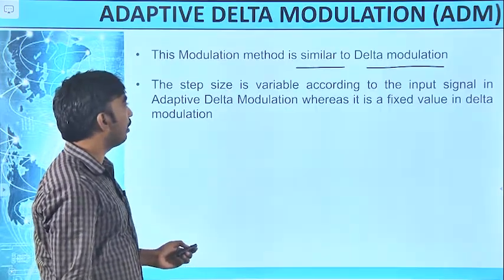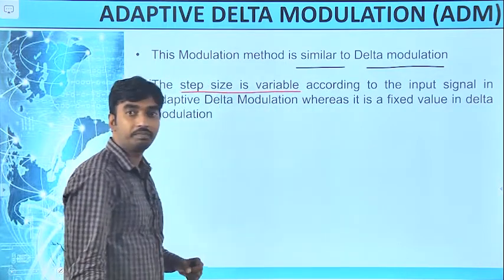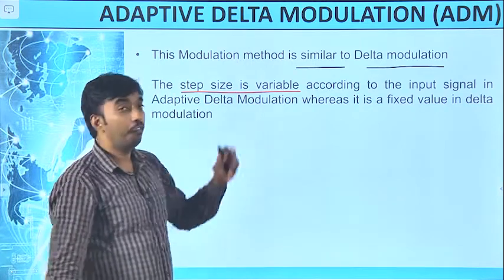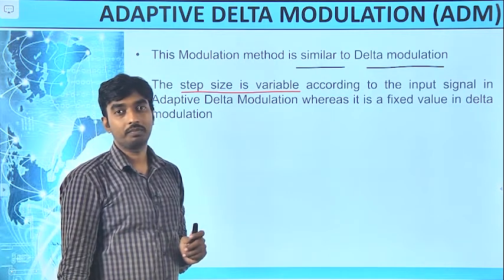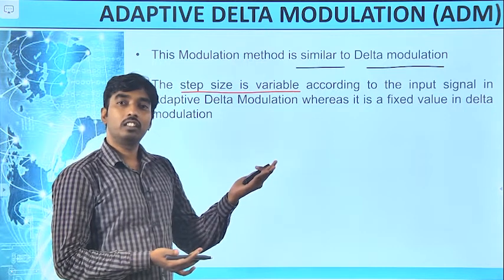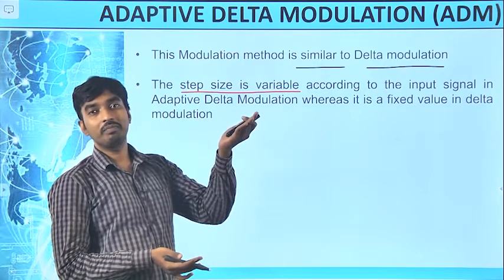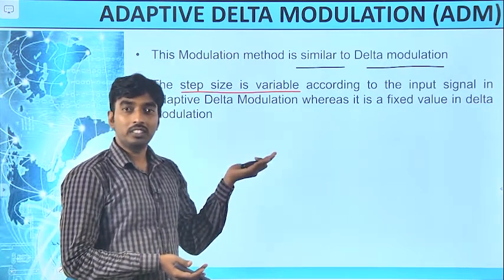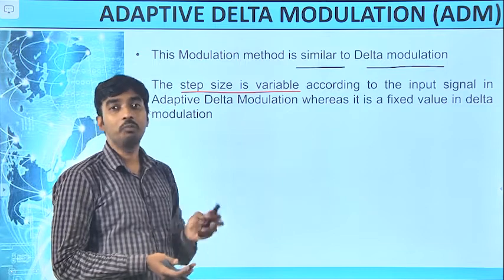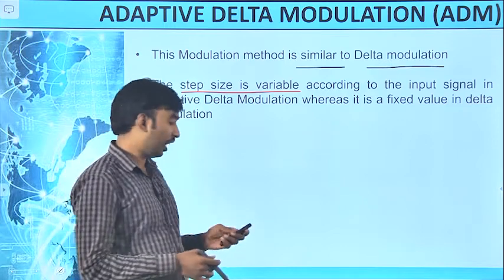Now in adaptive delta modulation, what I am going to do is use a variable step size. When the input signal slope is high, the step size is increased. If the input signal slope is very low or the input signal is constant, I am going to reduce the step size, right? How I am going to do it, we will see graphically.